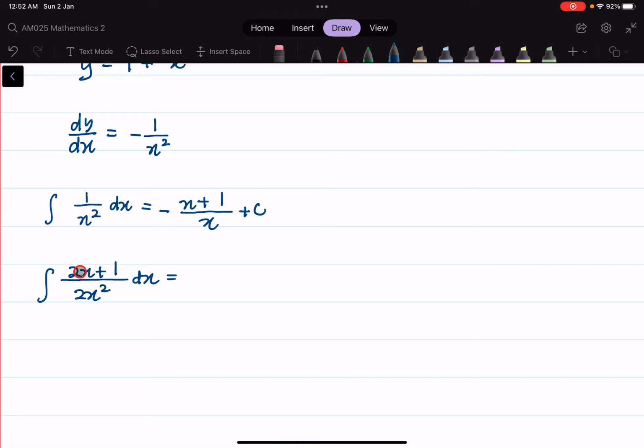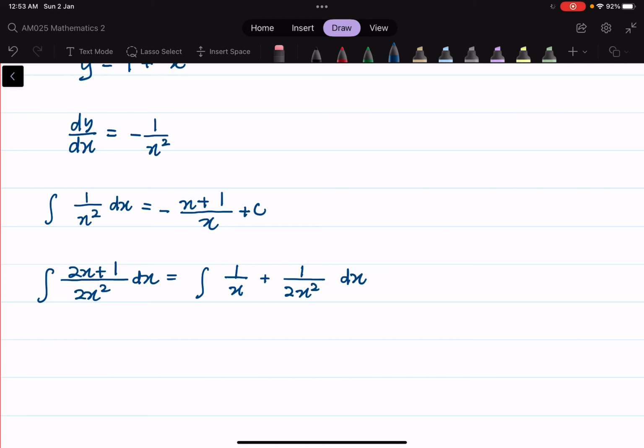So 2x divided by 2x squared is 1 over x, and 1 divided by 2x squared is 1 over 2x squared.